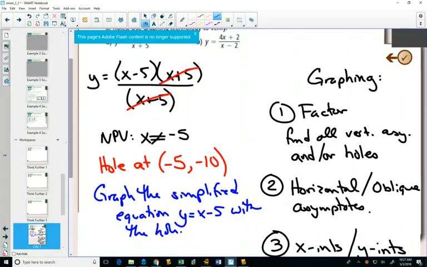So once your graph simplifies, that's the new thing that you graph. And the new thing that we have to graph, which is x minus 5, that's something you already know how to graph. So basically steps 2, 3, and 4 of the graphing won't apply because you know how to graph y equals x minus 5.